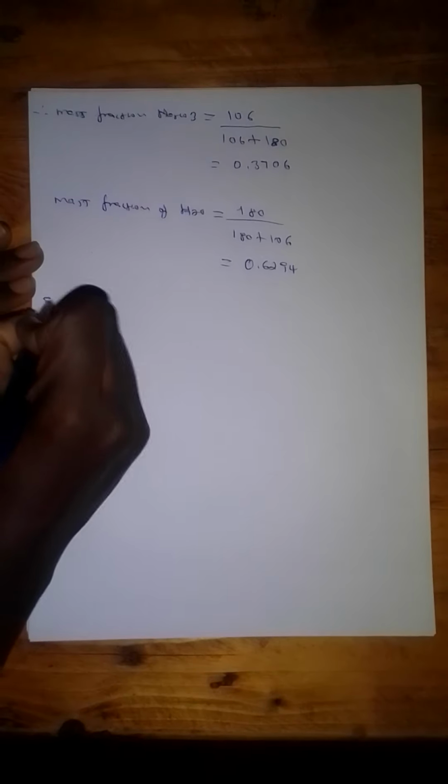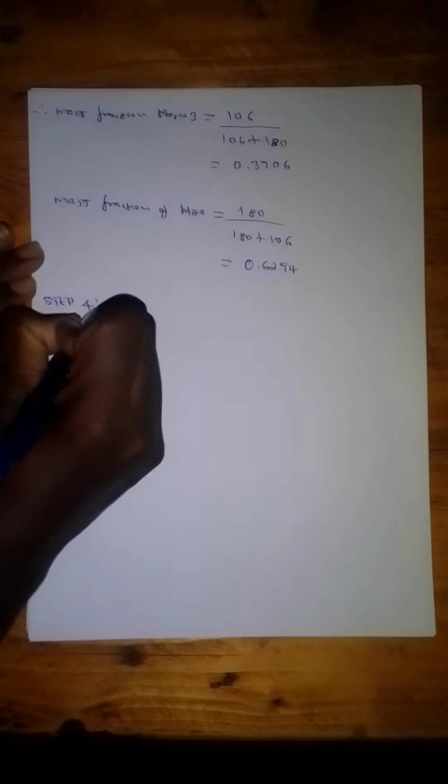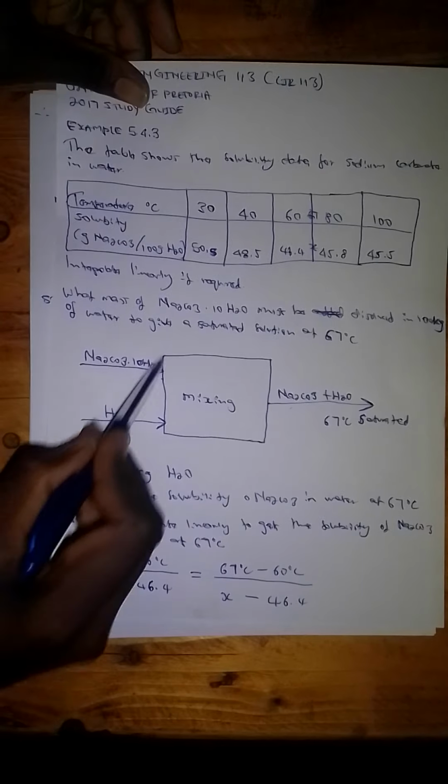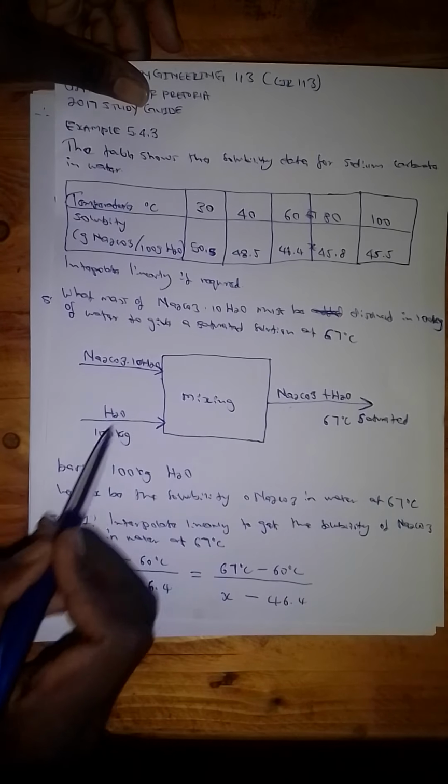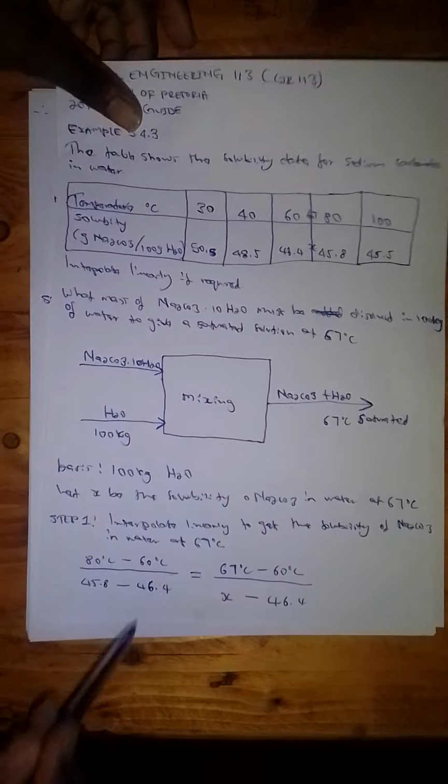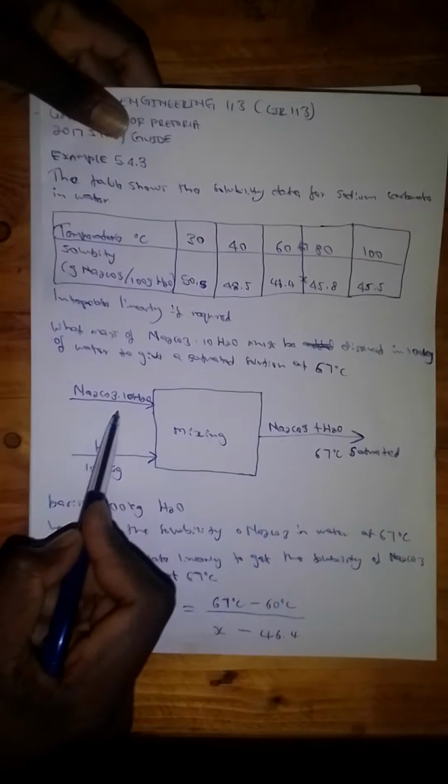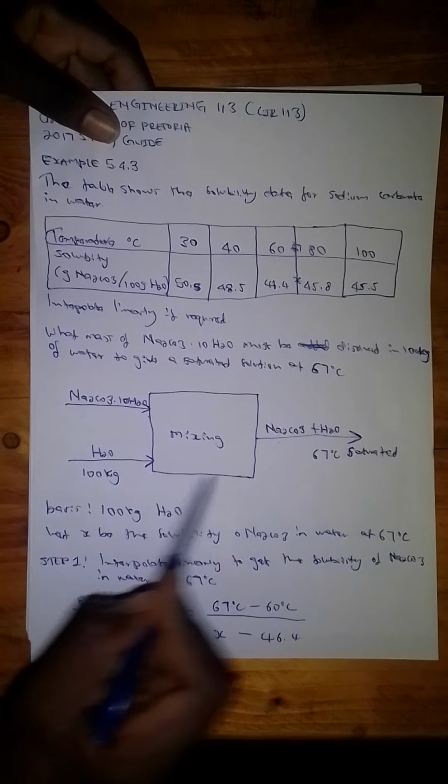It then takes us to our step 4. Let me just write it down: step 4. Remember, let's go back to the question. The question says how much of this must be added in this to give us a saturated solution. So now in step 4, we are answering the question directly. We are calculating the mass of this that must be added in this to give us that.